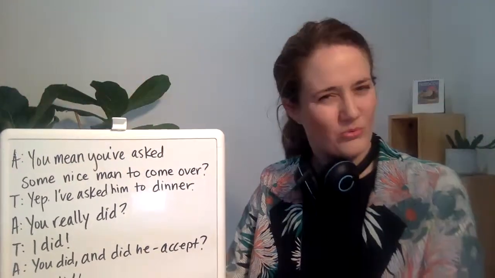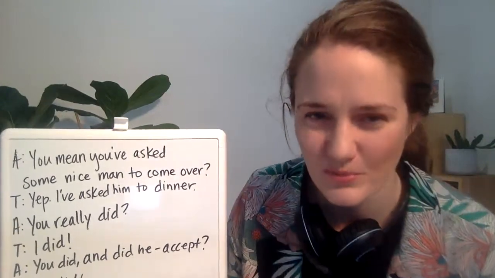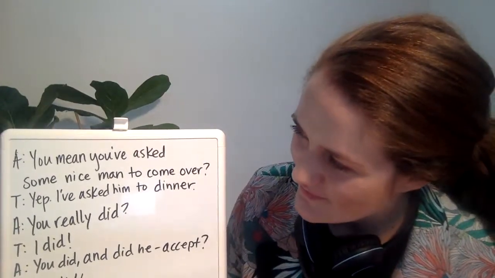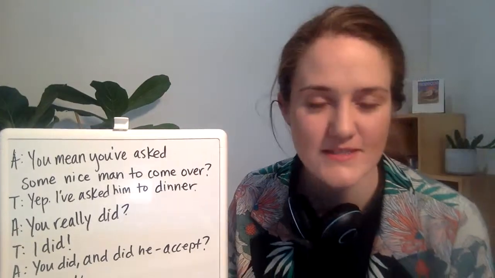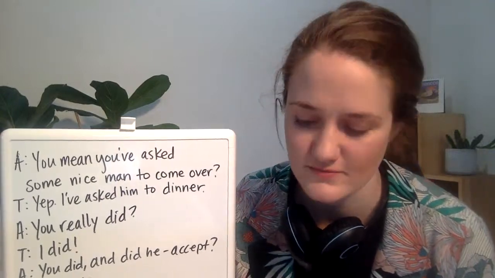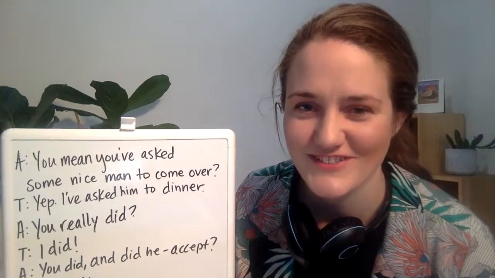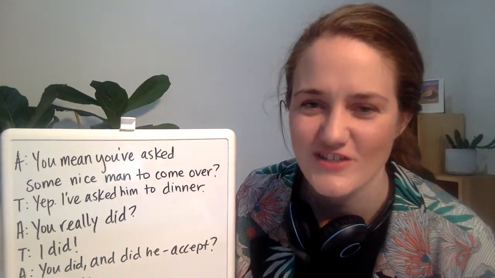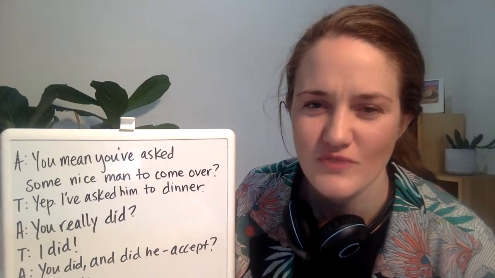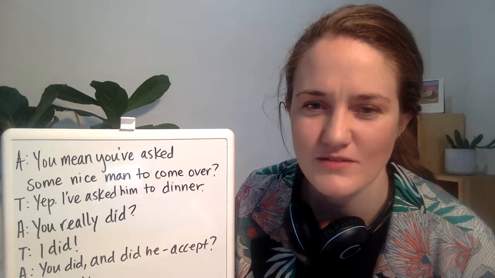Now, what do you think are the important words in this first sentence? This is more like a conversation. Okay, we started with the easy stuff, now we're getting more challenging. So, you mean you've asked some nice man to come over.